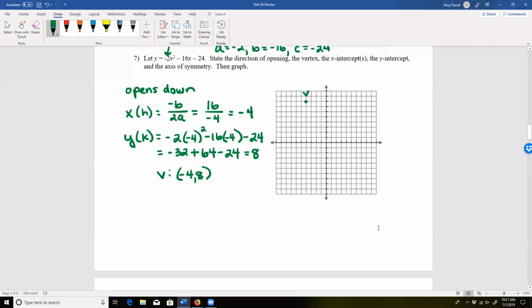Okay, x-intercepts. To find the x-intercepts, we let y be 0. So I need to solve the equation 0 equals -2x squared minus 16x minus 24.